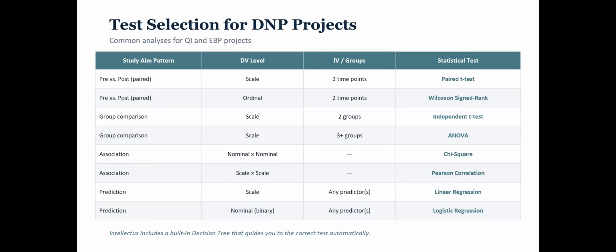The other common things would be the chi-square, which is really looking at two nominal level variables, seeking to examine whether there is a relationship between these variables.